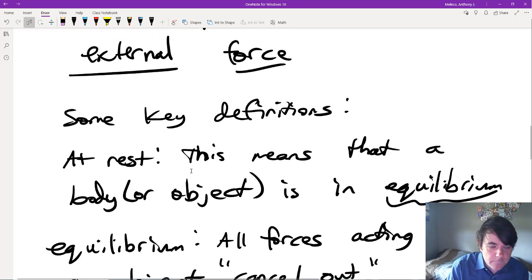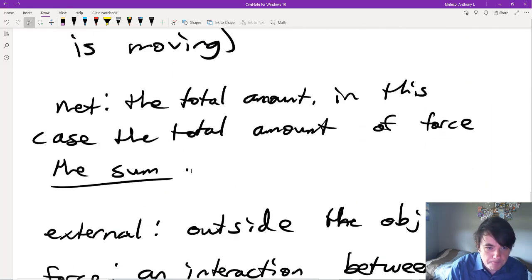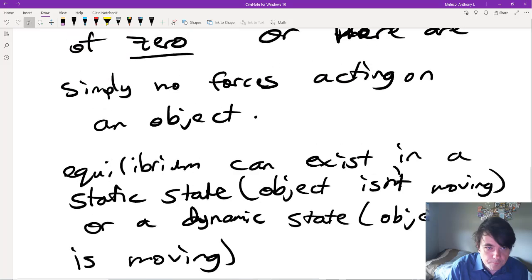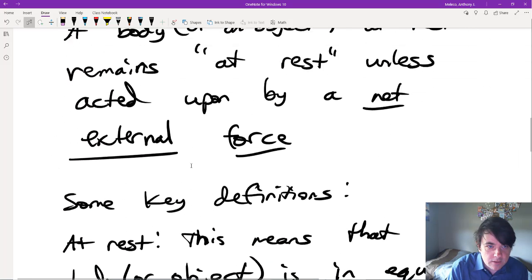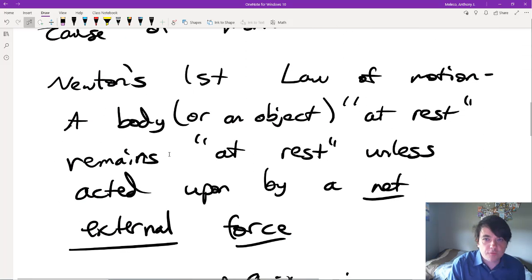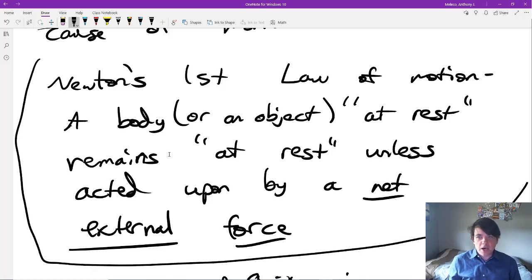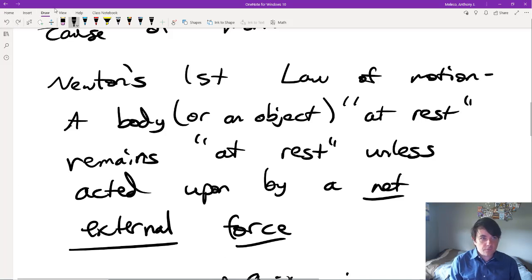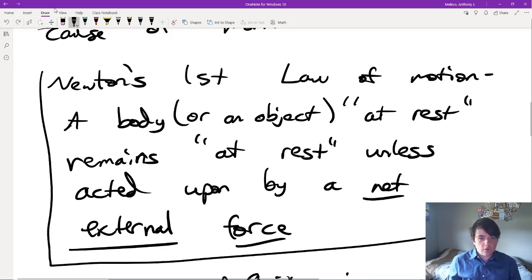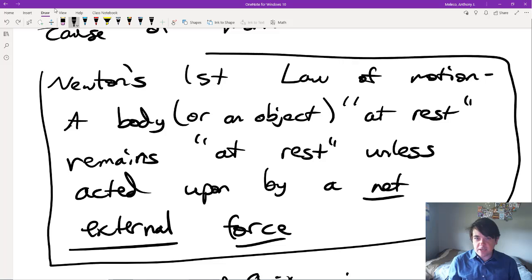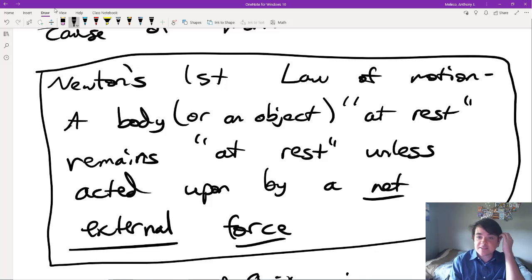So now let's reread Newton's first law of motion. A body at rest, meaning a body in equilibrium, in that special state, will remain in that special state of equilibrium unless acted upon by a net external force.